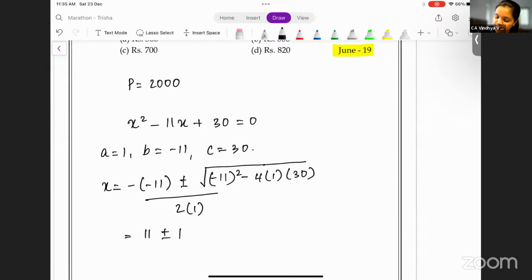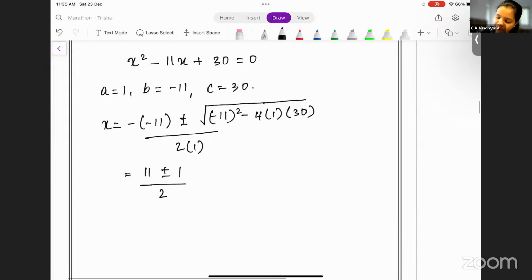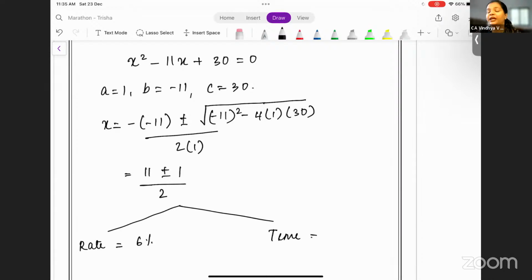So plus 1, divided by 2. So can I say the two roots, that is rate, will be 11 plus 1, 12 by 2, 6%, and time will be 11 minus 1, that is 10, 10 by 2, 5 years.